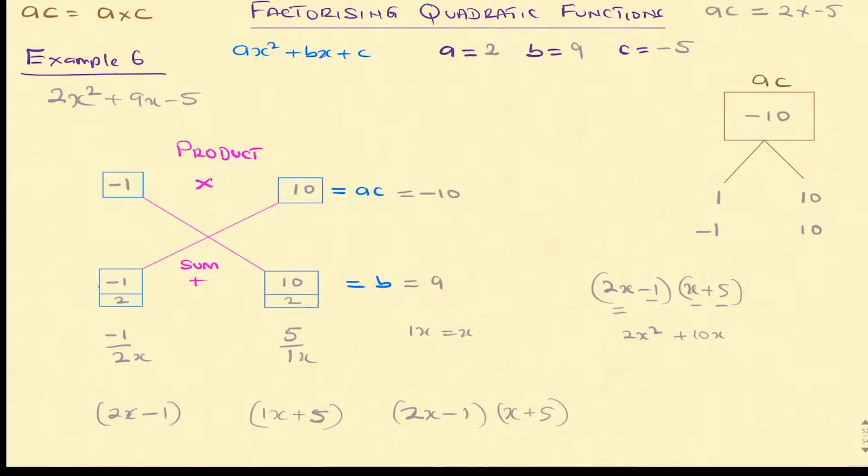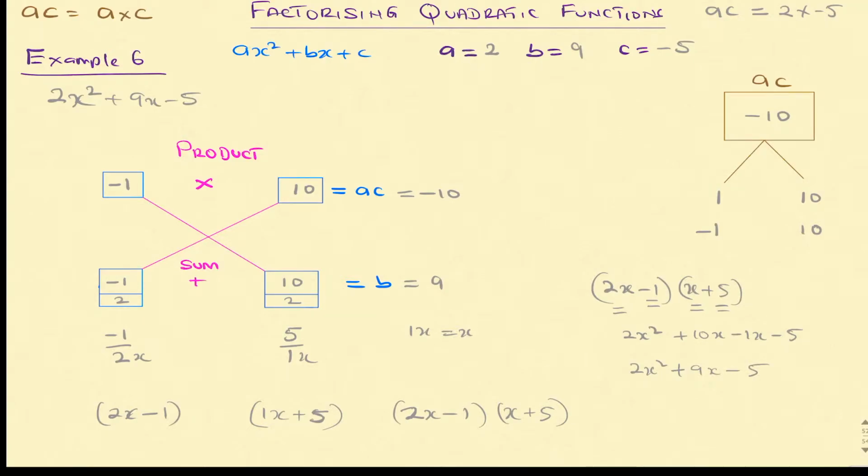Minus 1 times x is minus 1x. Minus 1 times 5 is minus 5. So therefore 2x squared plus 9x minus 5.